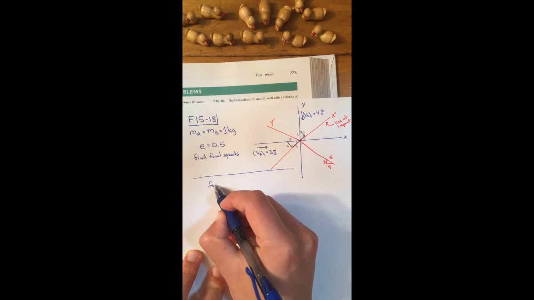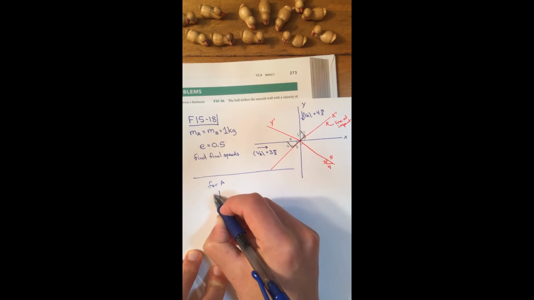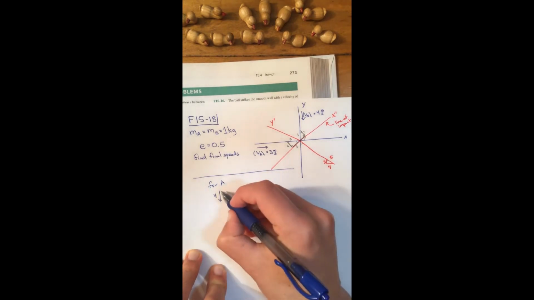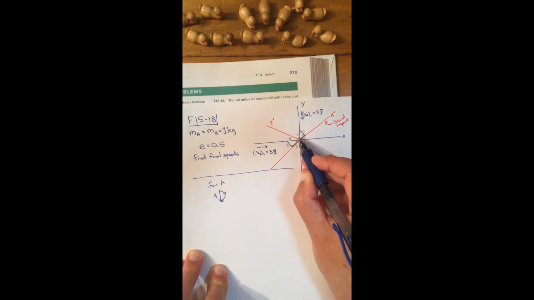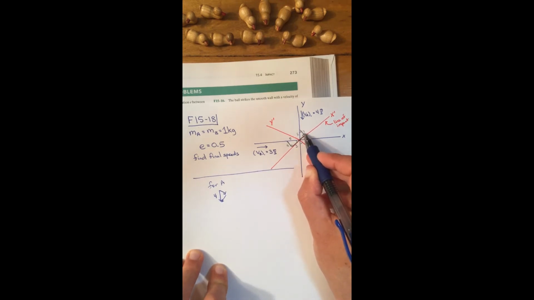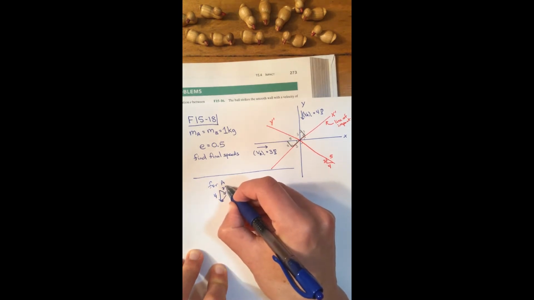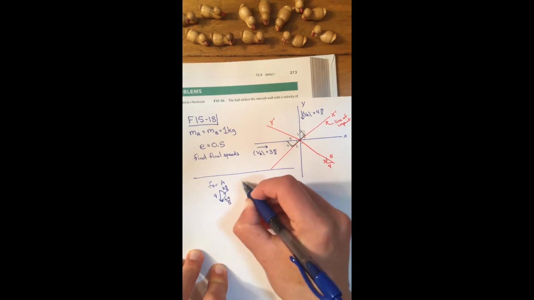So for puck A, I have a velocity of 4 going straight downward. Then I have my y prime component and my x prime component. So if this side is proportional to 4, this side is proportional to 3. So if this is 4, this is 3 times 4 divided by 5, and the x prime component is 4 times 4 divided by 5.